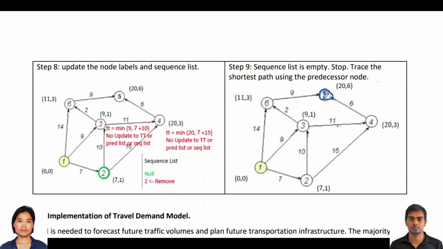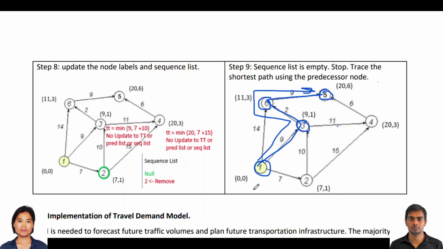So the predecessor node for node 5 is 6, which is here. Predecessor node for node 6 is 3, which is here, and predecessor node for node 3 is 1, which is here. So we trace it backwards. So the shortest path between node 1 and node 5 is this.